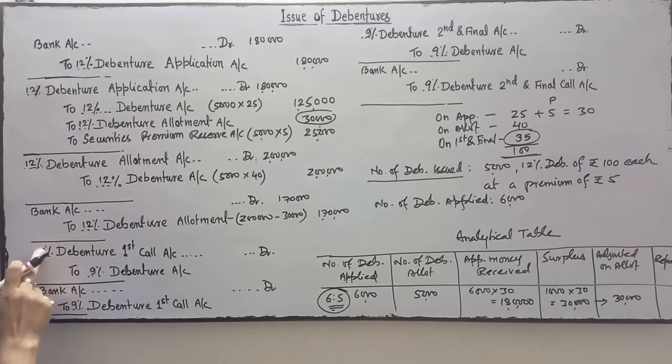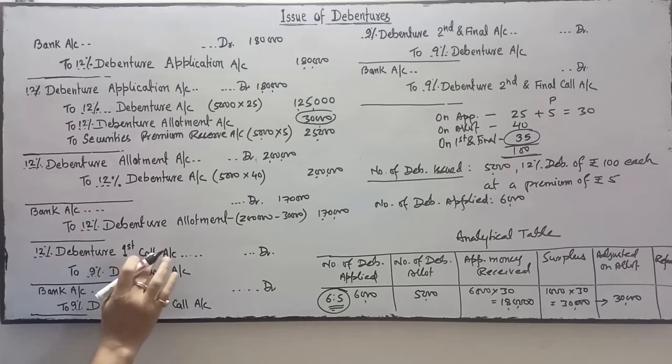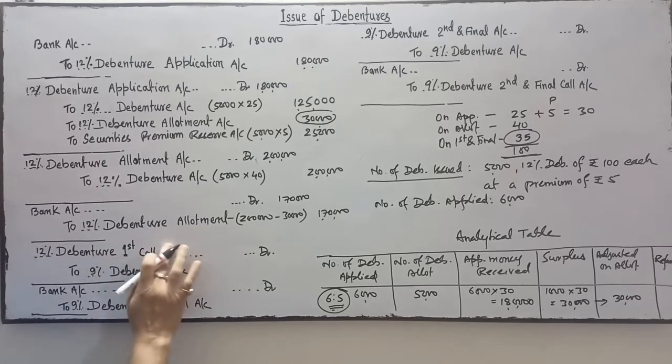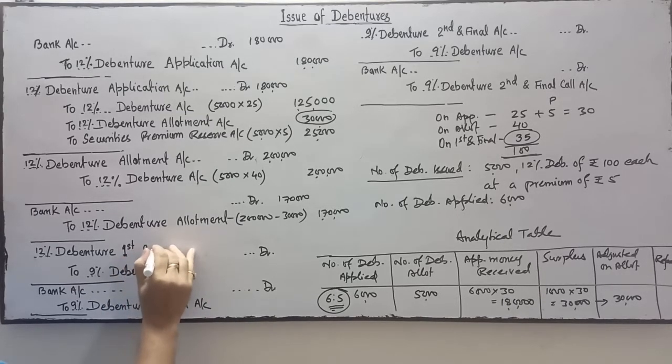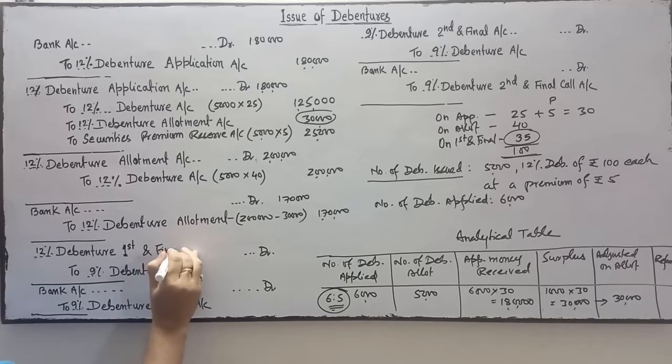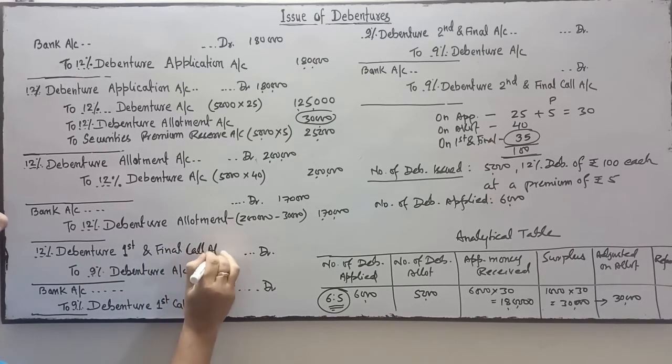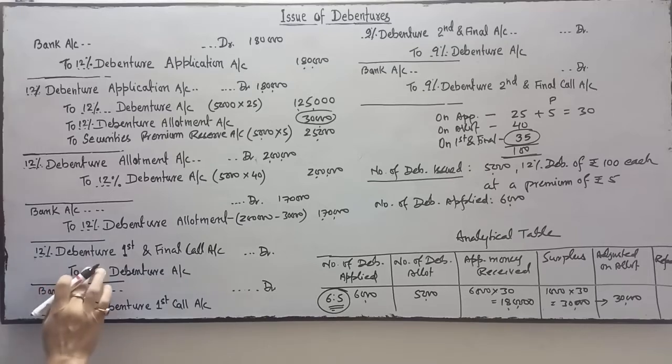Now come to the debenture first and final call. First and final call, thereafter no call. First and final call account debit to 12% debenture account.